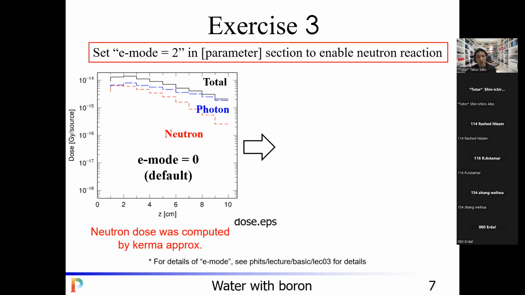In the case of non-event generator mode, neutron dose is calculated by the kerma approximation. But if you use event generator mode, neutron dose is calculated from the energy loss of charged particles.